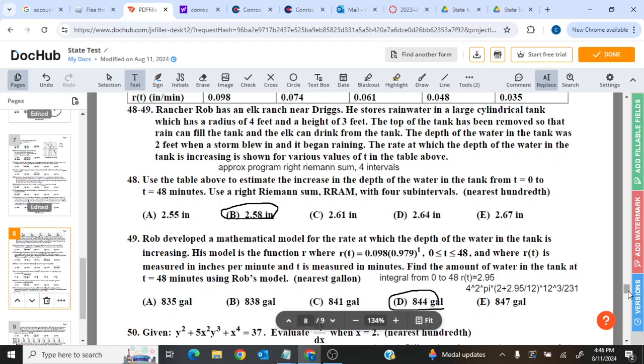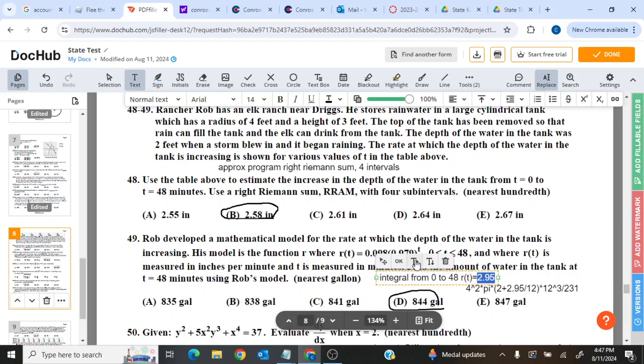49. Rob developed a mathematical model for the rate at which the depth of the water in the tank is increasing. His model is a function r, where r of t is equivalent to this thing right here. Then find the amount of water in the tank at t equals 48 minutes using Rob's model. Well, the amount that's added during that time is equivalent to the integral of your rate. So the integral from 0 to 48 of r of t will get you a value of 2.95 inches.